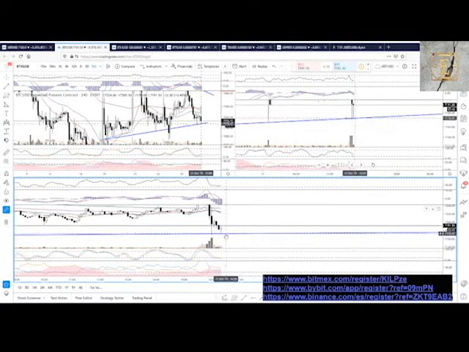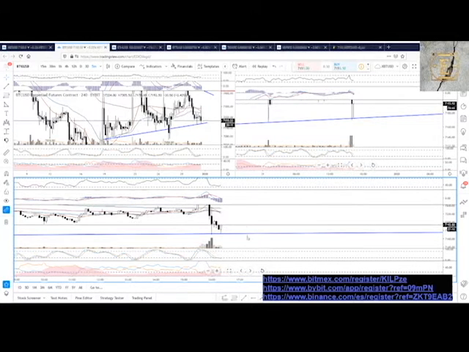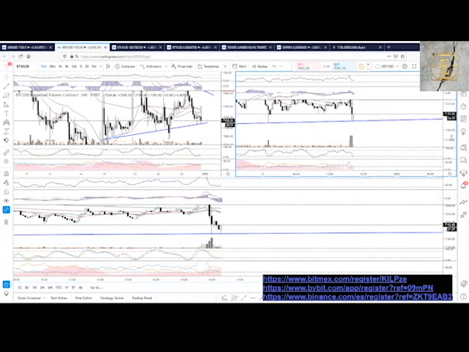Perhaps this is the double bottom, but it's still too early to enter a long trade. On the other hand, ADX DI is bearish, MACD is bearish. No reaction so far from bulls.